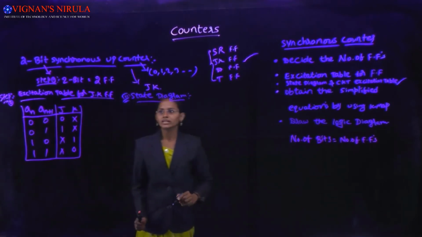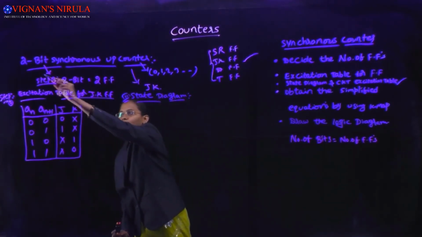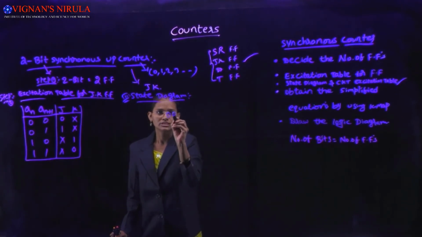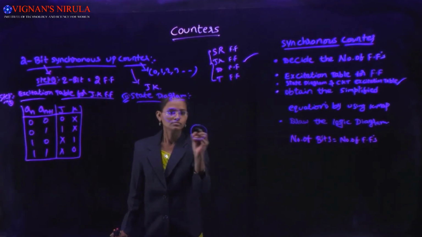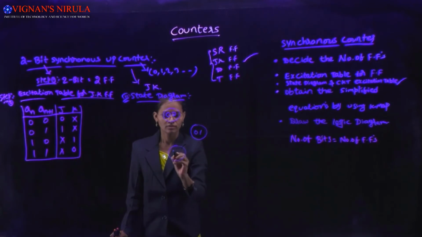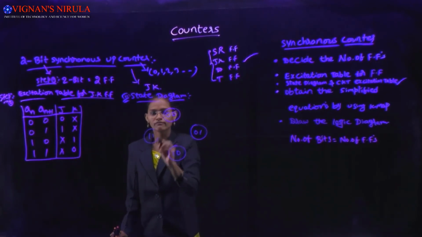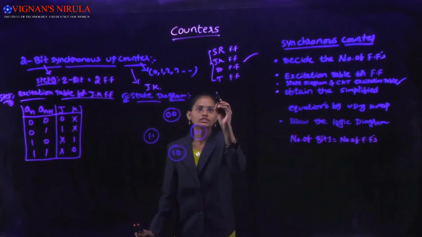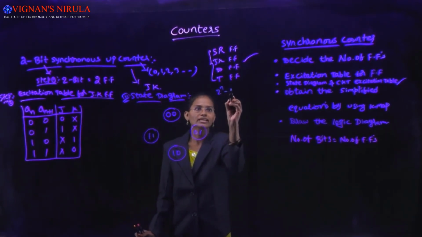State diagram. Here we are using the 2-bit, that is 0 0, 0 1, 1 0 and 1 1. Here this is the up counter. Up counter, what is the formula? 2 power of n minus 1.